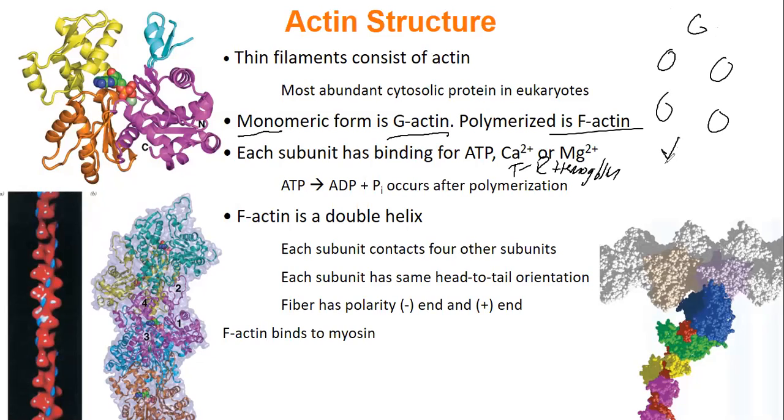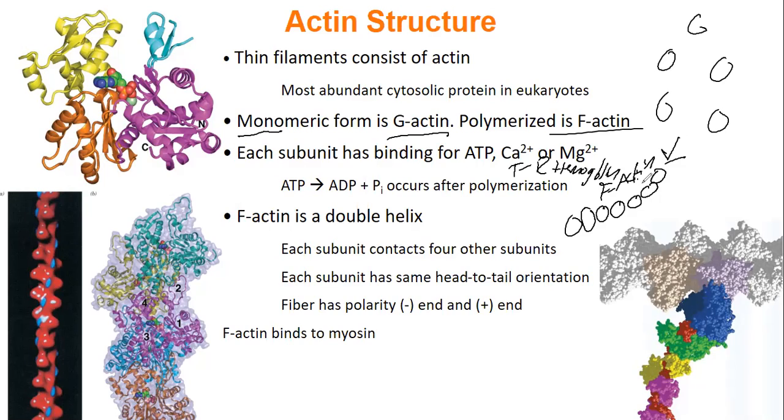But these G-actins can combine to form F-actin. So when I was a kid, Power Rangers were super popular. I don't know if anyone's ever seen Power Rangers, but what happens is that each little soldier guy has his own robot.